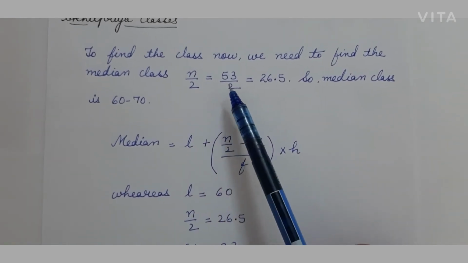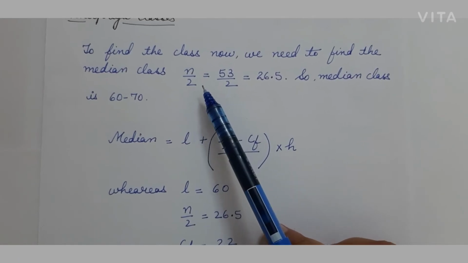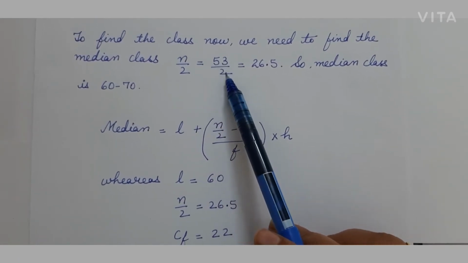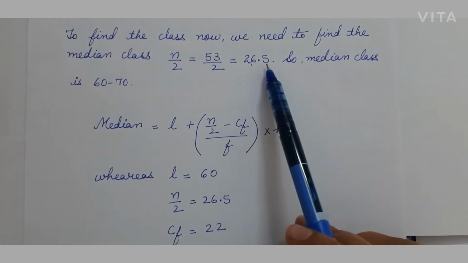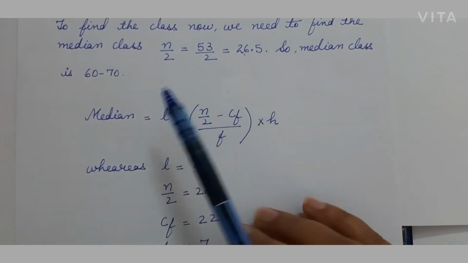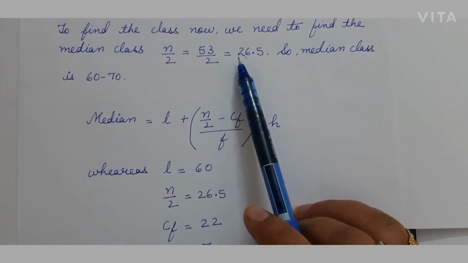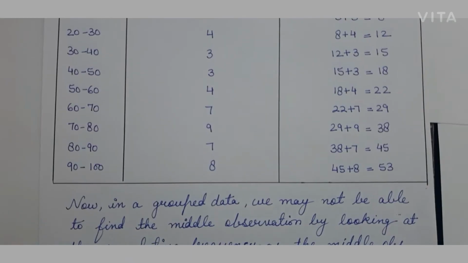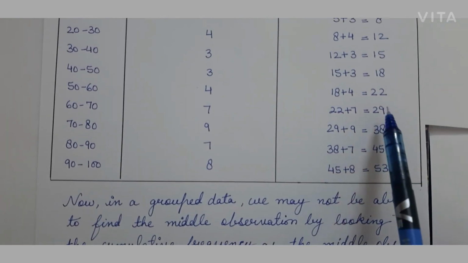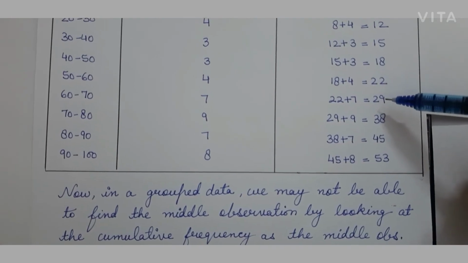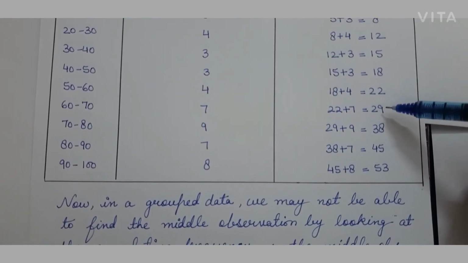We have to take the n observations, and here n is equal to 53. Dividing it by 2 we get 26.5. Just note down that n by 2 is 26.5, which will be greater than 22.